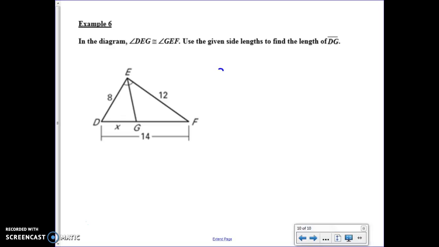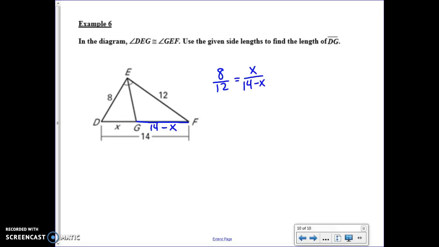So I have 8 over 12 as the two sides there, and I know those values. Now on the other one, 8 matches up with X, but then I don't have a length for the other side. So you want to think back to our segment addition postulate. If we know this whole thing is 14, then this piece is going to be 14 minus whatever DG is. And right now, DG is just X. So we're going to do 14 minus X there.